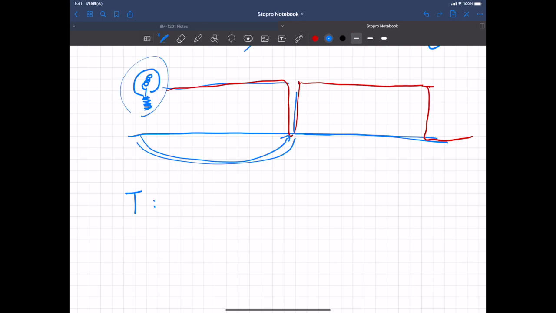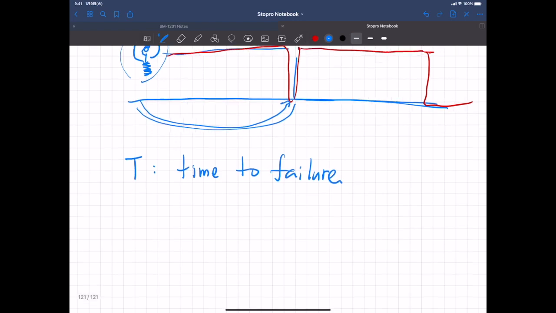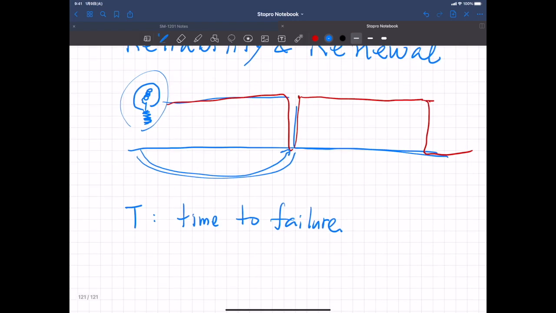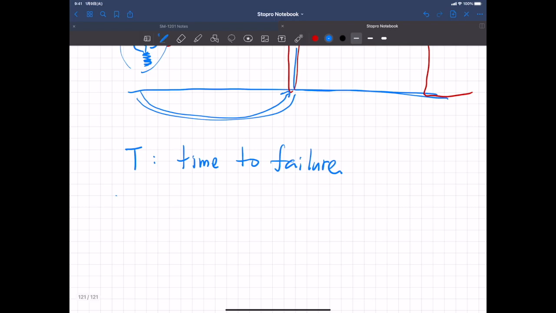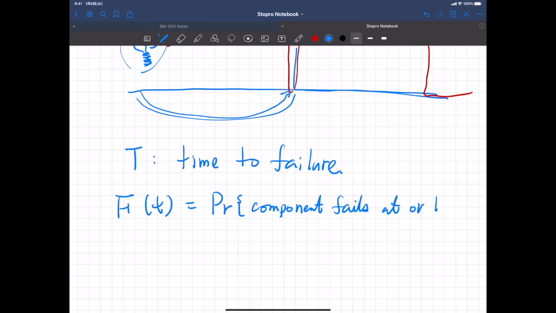Let's say time to failure, of, for example, a light bulb or TV set or something else, and we want to define the distribution function, the cumulative distribution function of this random variable T. The distribution function is defined as the probability that the component fails at or before time t.